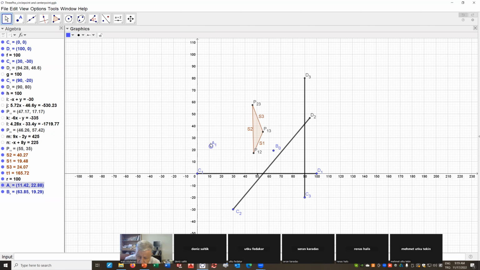I can move it. This is point A1 on the moving plane. And I want to select B0 on the fixed plane over here. I want to determine the center point A0, and I want to determine the circle point B0. Any questions?